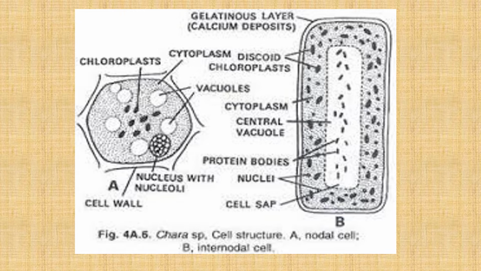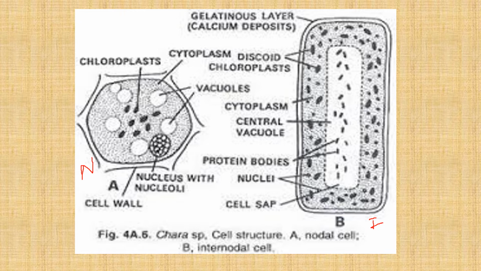This is the diagrammatic representation of how the nodal and internodal cells differ in their basic cellular infrastructure. This is the nodal cell, and this is the internodal cell. The nodal cell is isodiametric in shape, and the internodal cell is elongated, much larger.